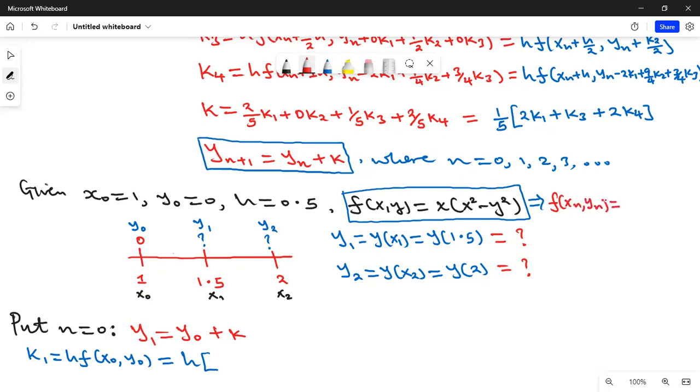That is the same as xn times xn squared minus yn squared. Simply where you have x, you put xn. Where you have y, you put yn. Even if you have f of xn plus h, then yn maybe plus another value, you just do the substitutions. You change those parameters.